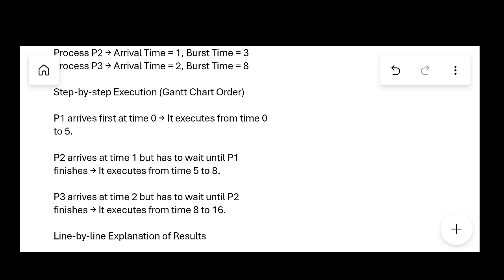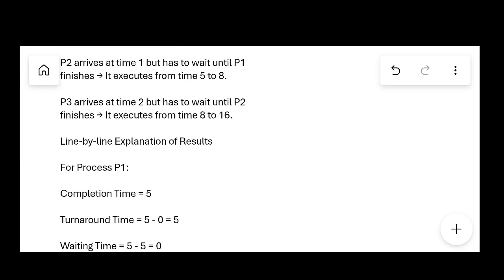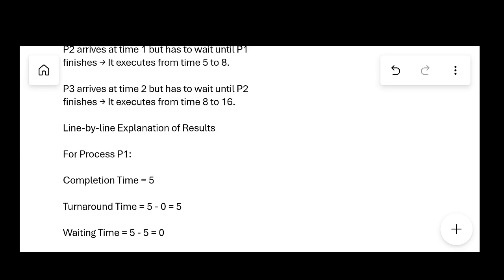And then finally P3: P3 has been waiting since time 2, so it will start after P2 and run from 8 to 16. So the execution order is P1 first, then P2, and then P3.